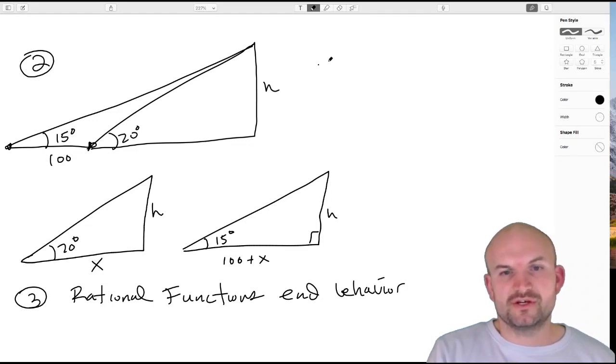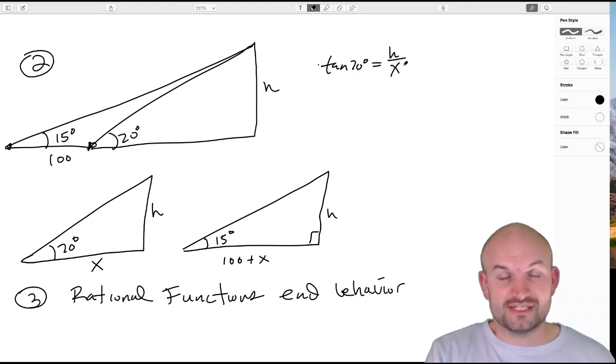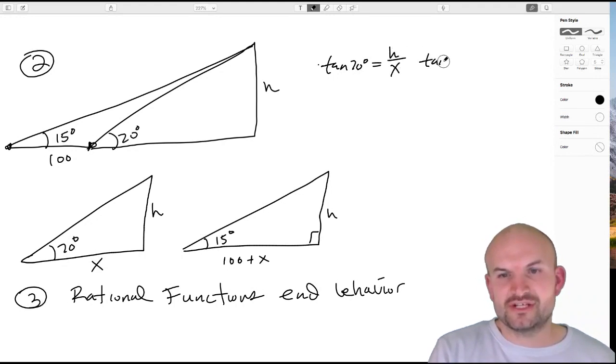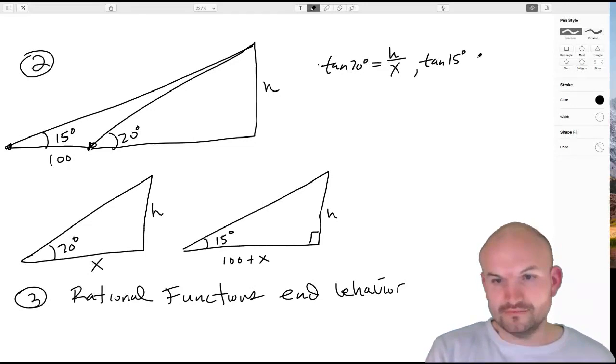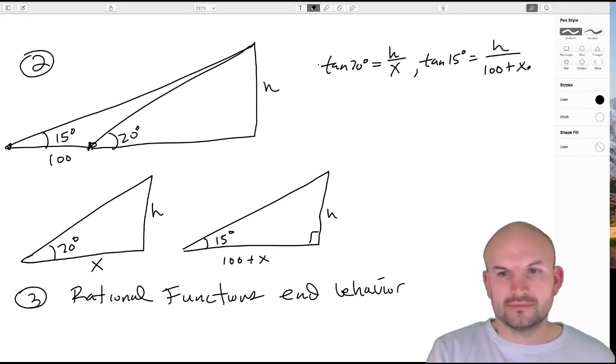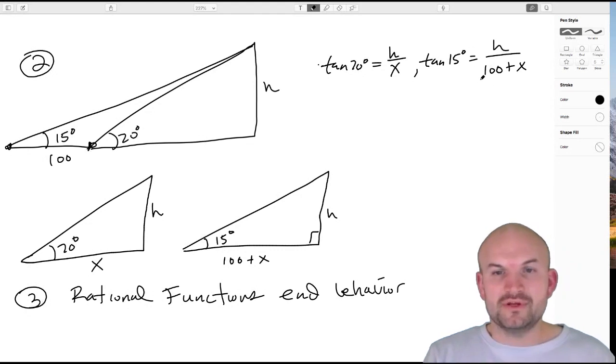So in this case, I'm going to do the tangent of 20 degrees equals opposite over adjacent. And then for this one, I'm going to have tangent of 15 degrees, and that is going to equal opposite over adjacent. Okay, so now you can see that they both have the variable h. I can go ahead and solve.